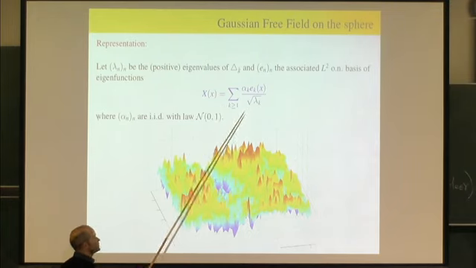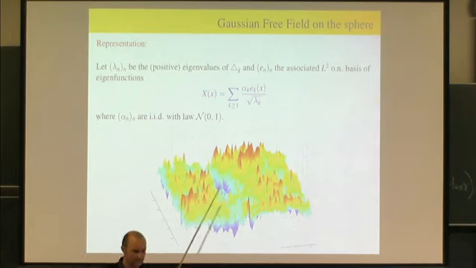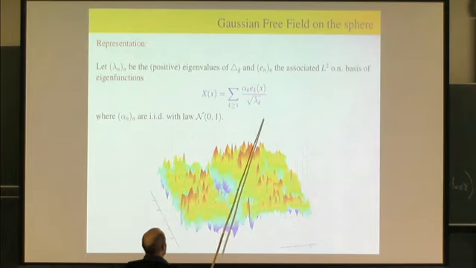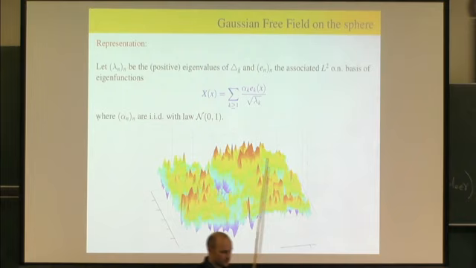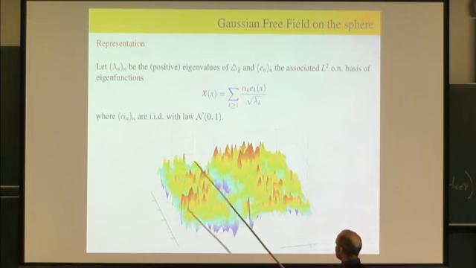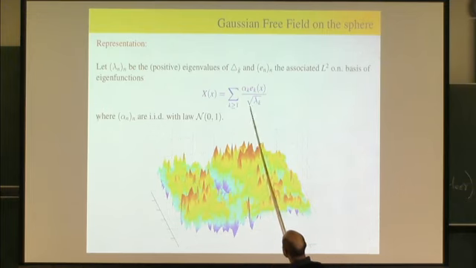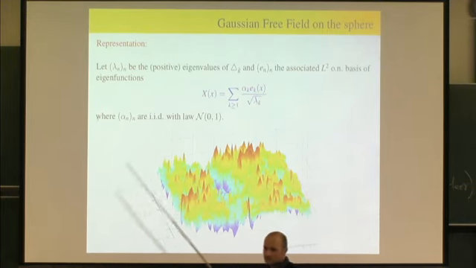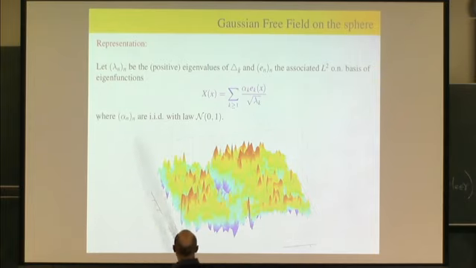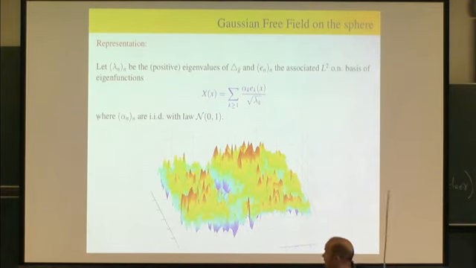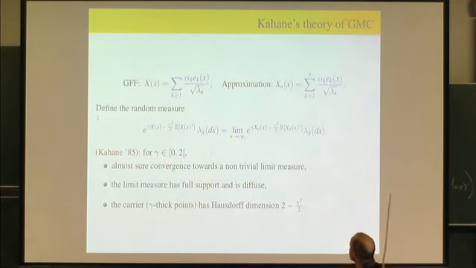Formally, the GFF can be written as this sum, and this sum converges almost surely in some dual Sobolev space, H minus 1, the dual of the standard Sobolev space. So you have a nice representation of your Gaussian free field.